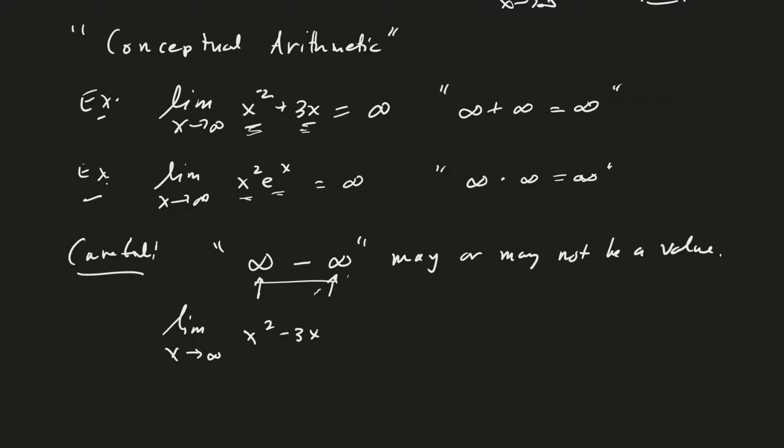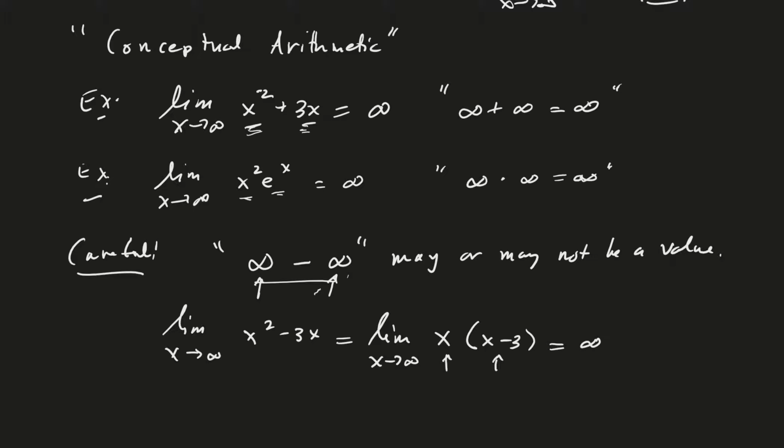Well, we can't say that infinity minus infinity is infinity. However, notice that if you do some factoring, now you have a product of two things going to infinity, and so in this case you can say that it is infinity. Okay?